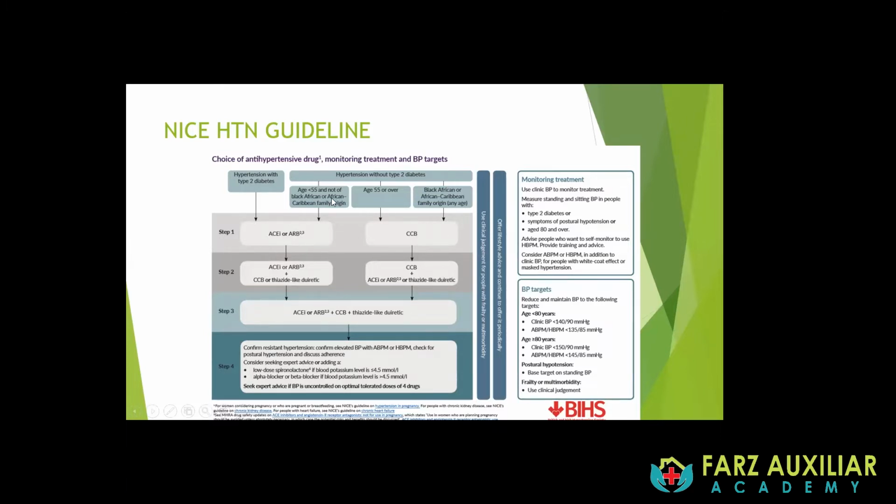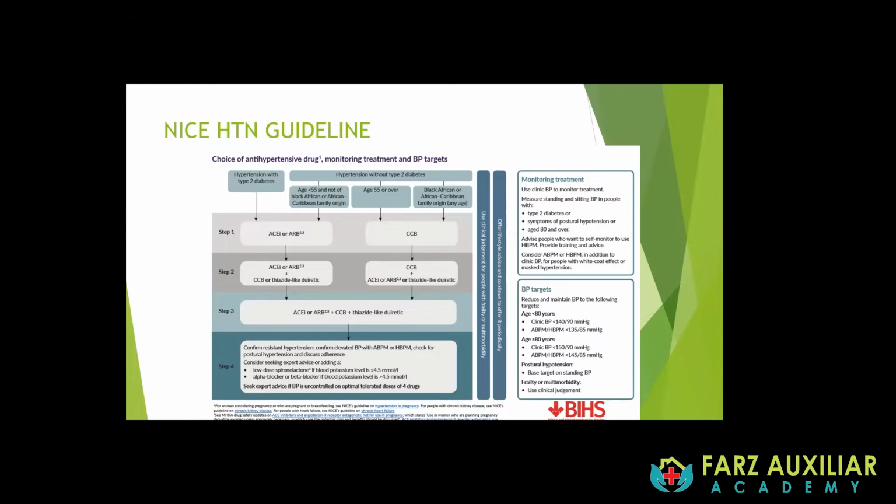Obviously, if the age is less than 55, then there are 3 divisions, whether they're young, whether they are relatively old, or whether they're Afro-Caribbeans. Why these divisions? Because in the white population, there is a high level of renin.